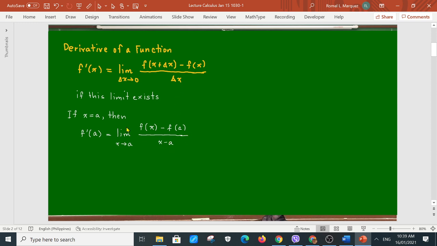Again, as delta x approaches 0, x approaches a. So alternatively, if you have a specific value of x, this is how we write the formula for the derivative. Again, if this limit exists, otherwise there is no derivative, meaning the derivative does not exist if the value of this will not be a real number.